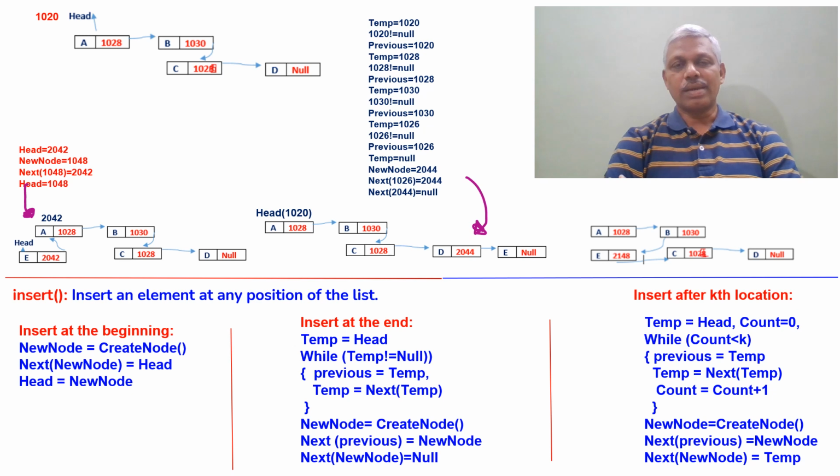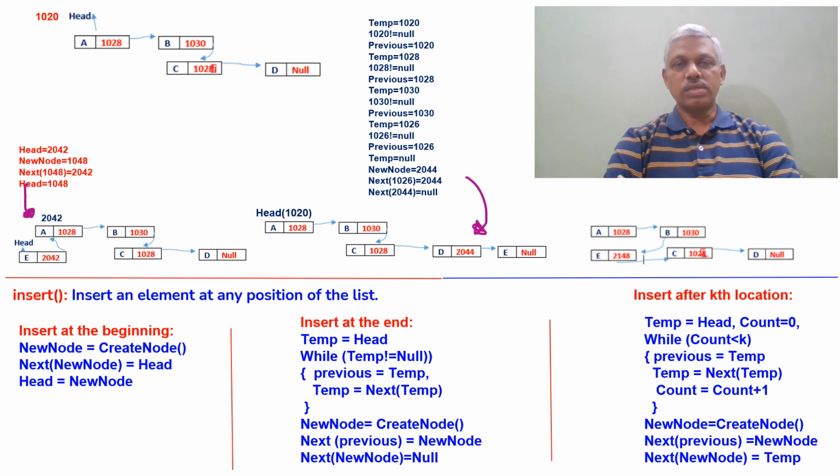Once temp reaches null, previous shall hold the address of the last node. So D is the last node. The starting memory address of the node consisting of D shall be there in previous, and null is pointing to temp.